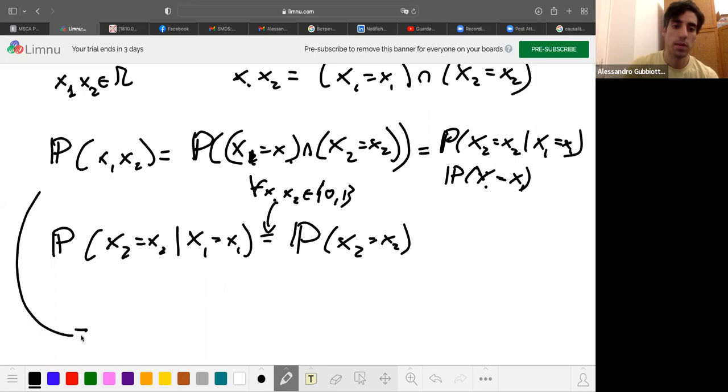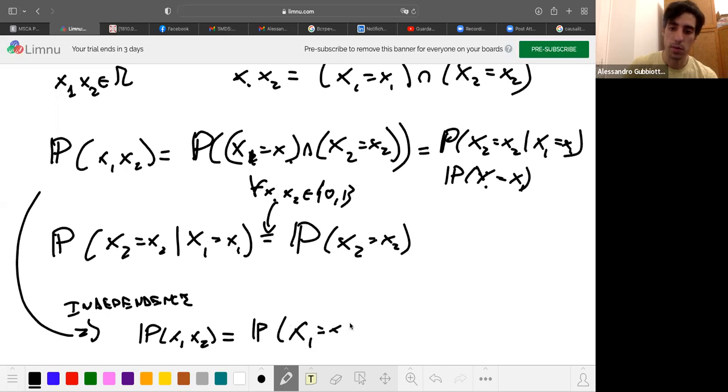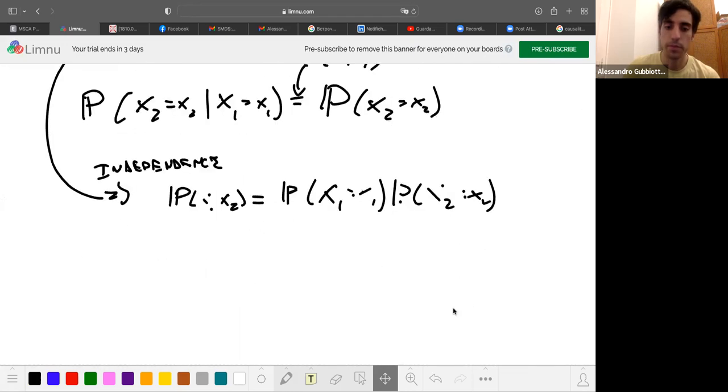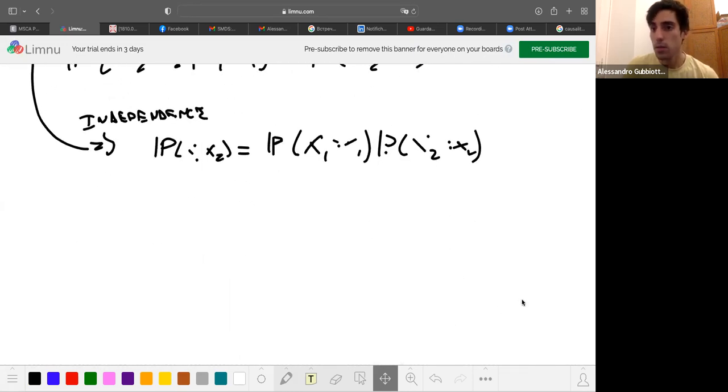So using the independence hypothesis, in general, the probability of (x1, x2) is equal to the probability of capital X1 equal to little x1 times the probability of capital X2 equal to little x2. This is what we did in the previous lecture. Now we want to use a smart notation. This is just a notation.